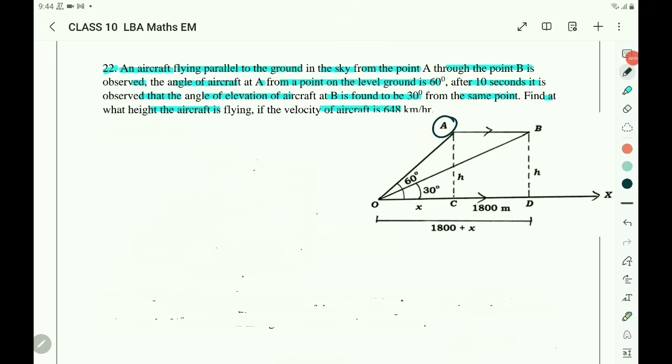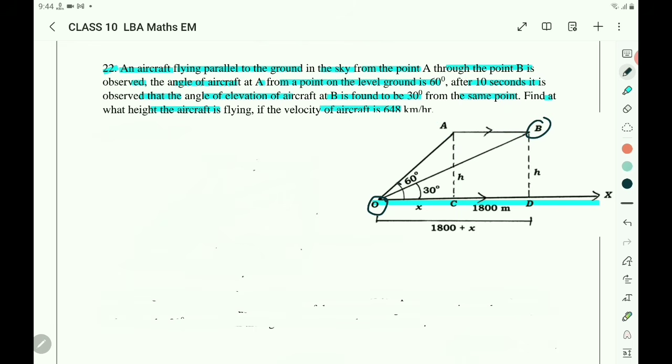Here A and B are the two positions of the helicopter. The helicopter is moving parallel to the ground. This is parallel to this one. And from the point O, the position of the aircraft is viewed here. When the helicopter is at A, what is the angle of elevation?